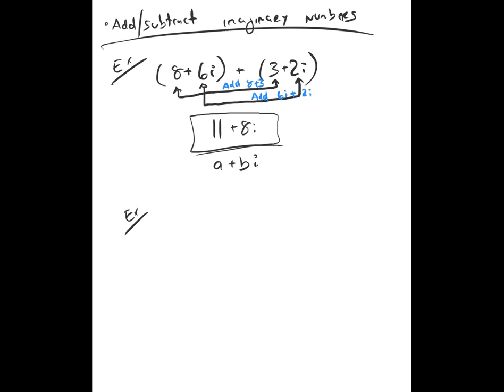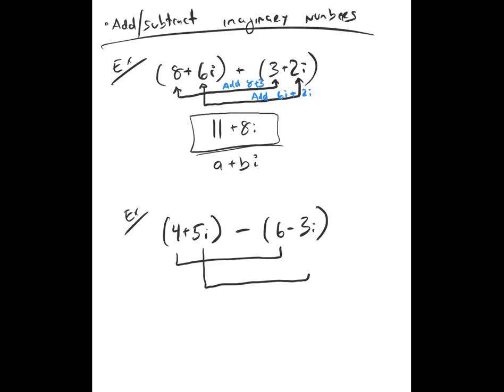We can subtract as well. How about 4 plus 5i minus 6 minus 3i? This time, just be careful. We're doing some subtraction instead. So now it's 4 minus 6, and 5i minus a negative 3i.